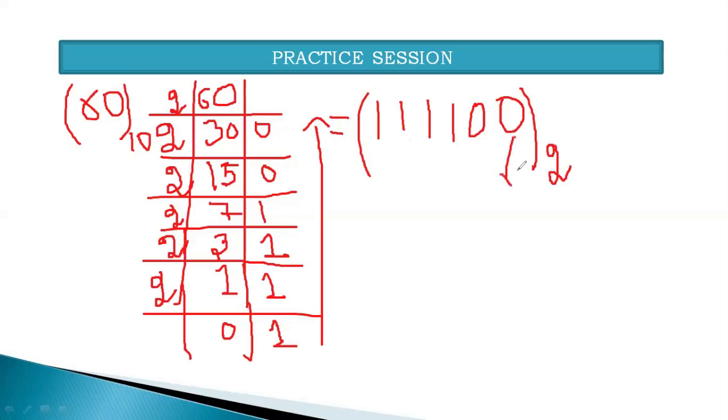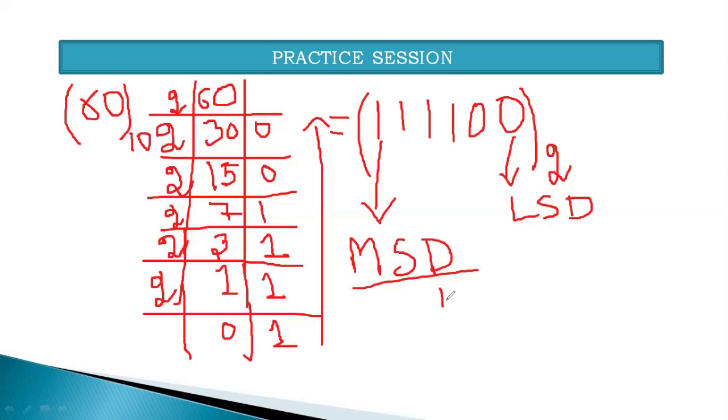This is your least significant digit or least significant bit, and this will be known as your MSB, that is most significant digit, or we can say most significant bit.